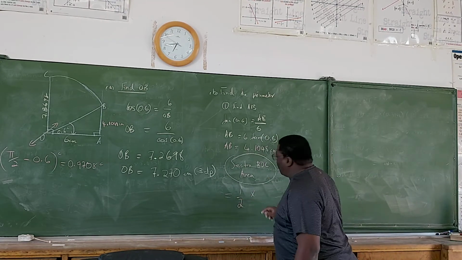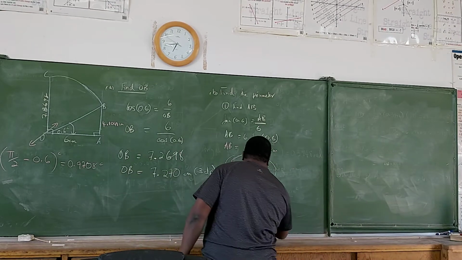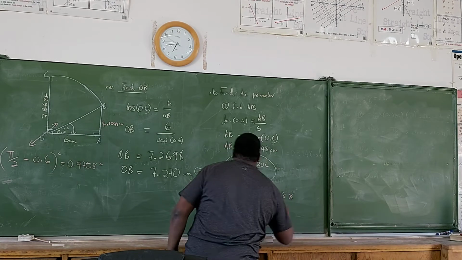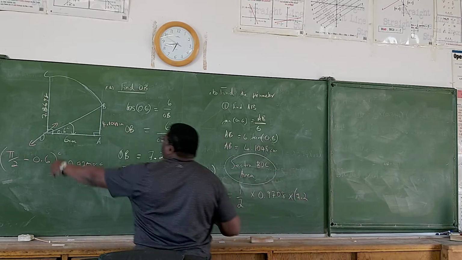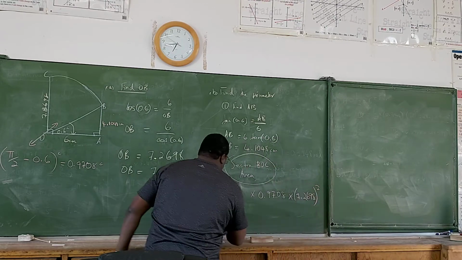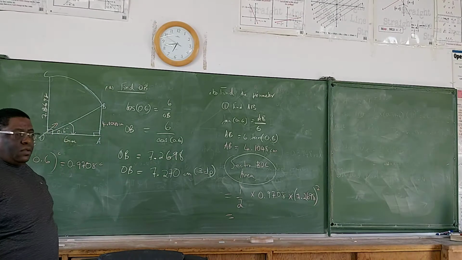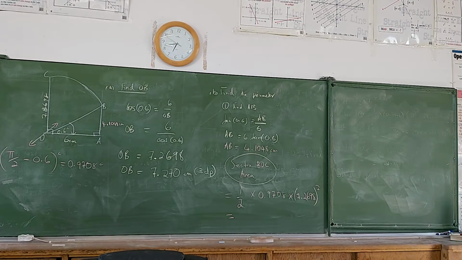What is the angle? 0.9708. What is the radius? 7.2698 squared. Now, give me that answer to 4 decimal places. I want it like that. Please, thank you.